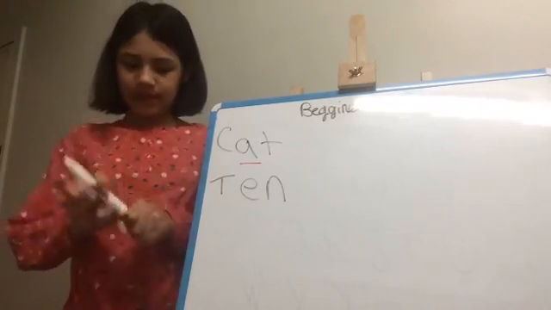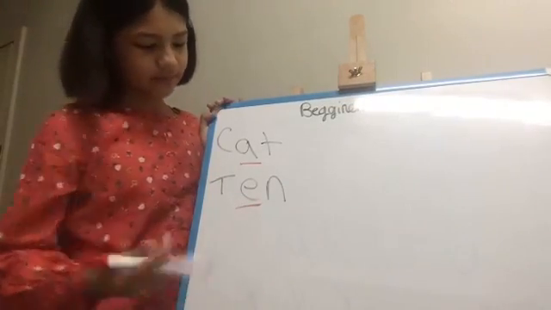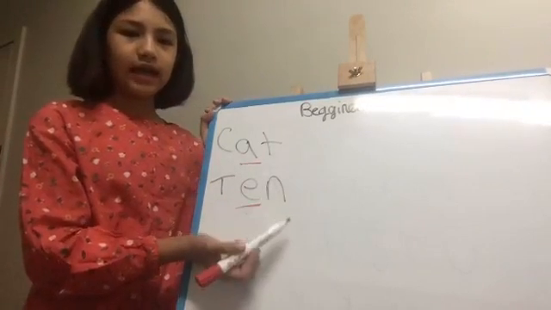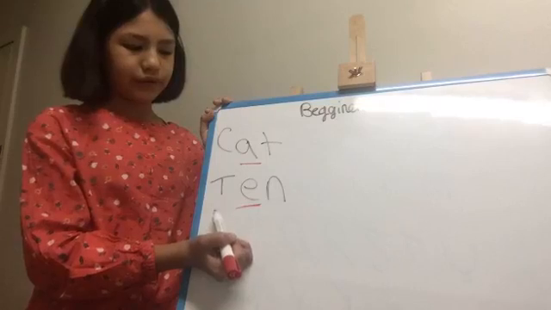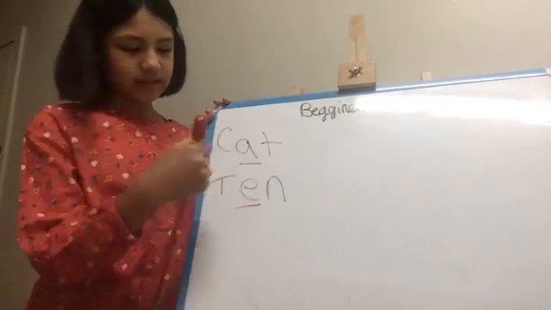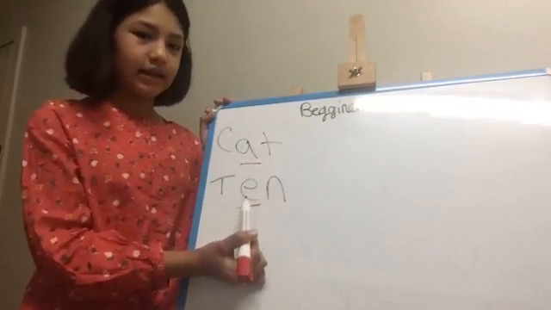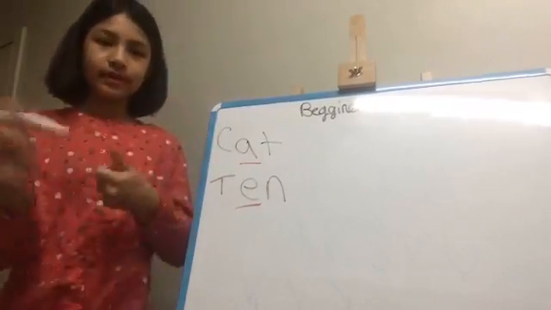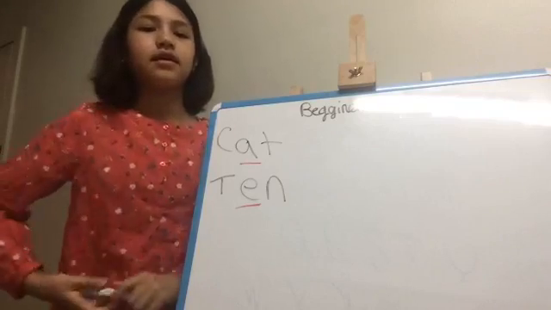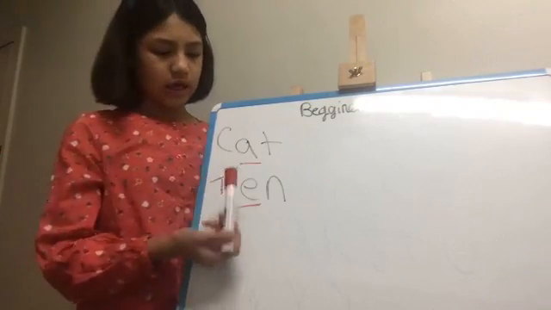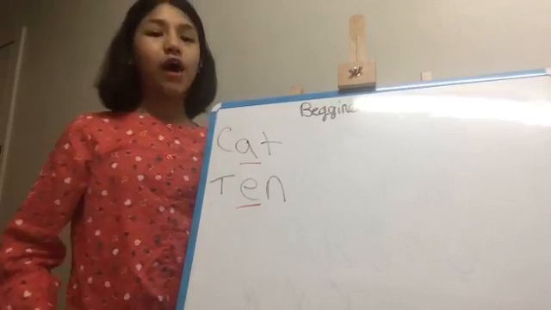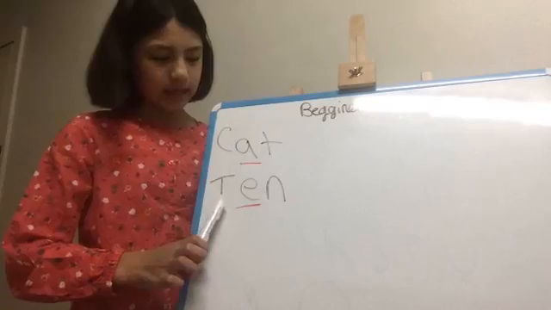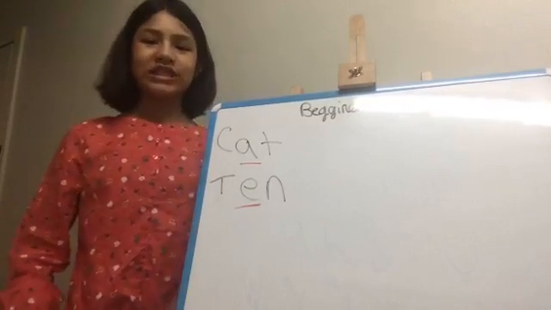Correct. It's in the middle again. T, E, N. 3 letters that spell out 10, but the vowel is E. So that means if A and E are vowels, then that must make C, T, T and N consonants.